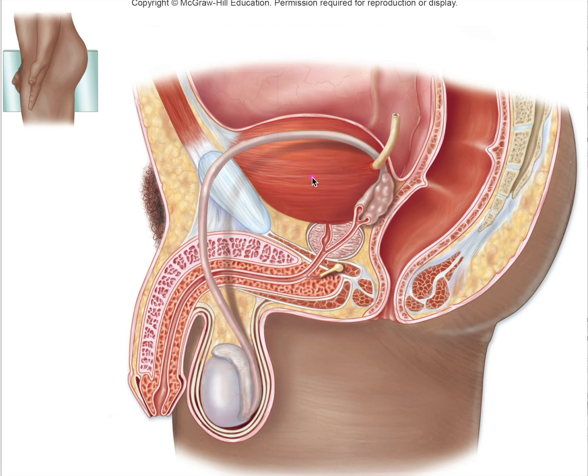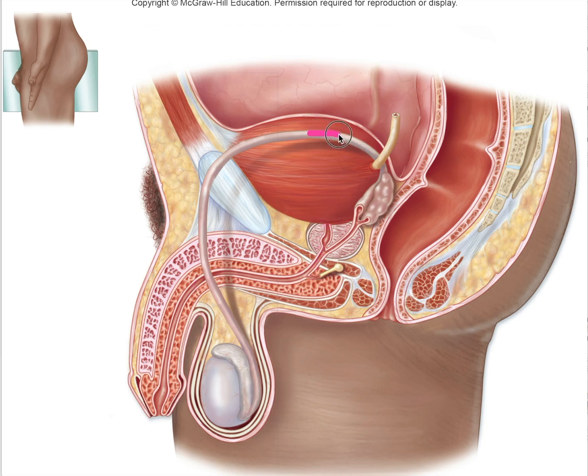So the reproductive system and the urinary system share the same urethra here. So during ejaculation, the prostate gland will pinch off the opening of the urethra to the bladder so that urine does not mix with the ejaculate.